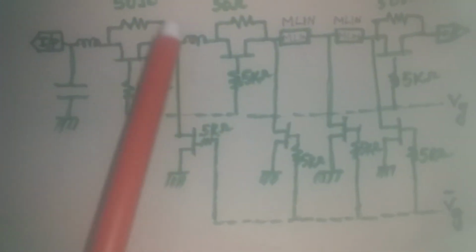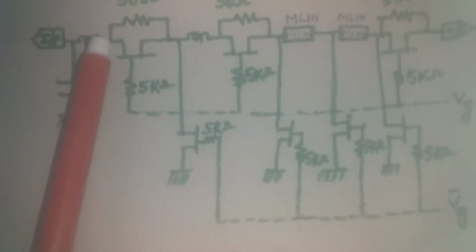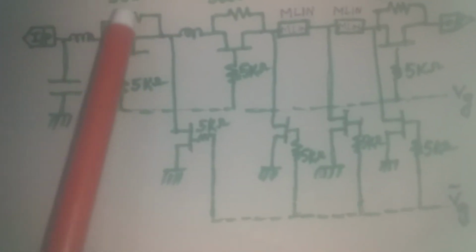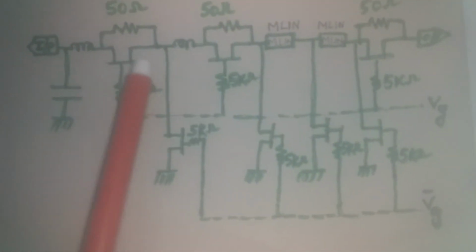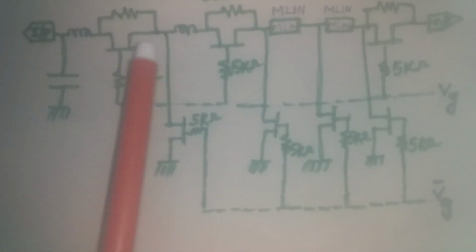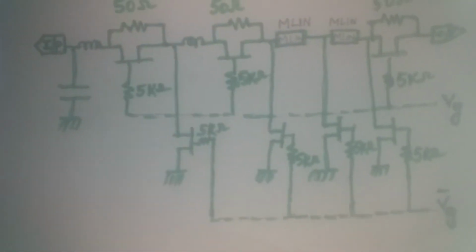And this 50 ohm resistor eliminates the otherwise necessary adjustment of control voltage to bring series FET resistance to 50 ohms. And you don't need DC blocking capacitors, because this MESFET is used as a passive device.